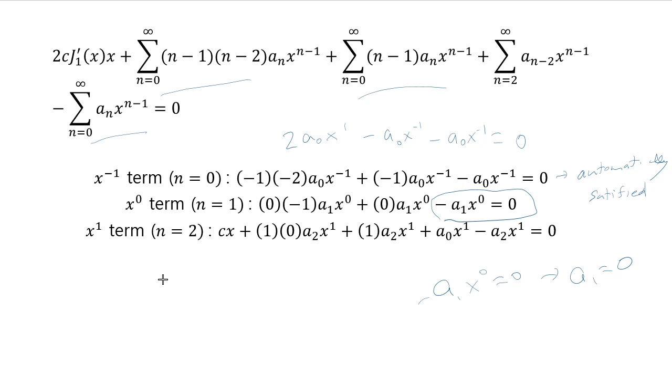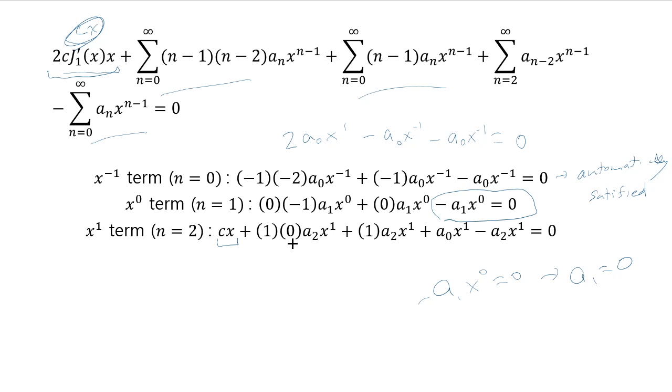Okay, and then if you look at the x to the first term, n is equal to 2. Now all of these terms start producing. Not only that, remember that the very first term of this started with cx, right? So we're going to use that. cx is the term produced by this.